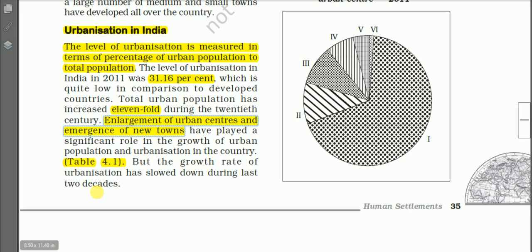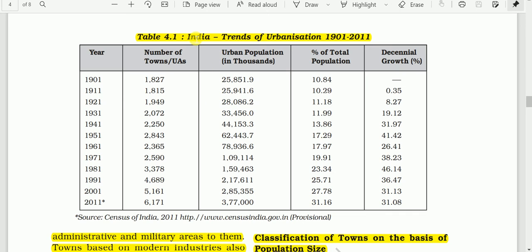And table number 4.1 tells the level of urbanization. Okay, now let us read. So here we have table number 4.1 showing the trends of urbanization from 1901 to 2011.